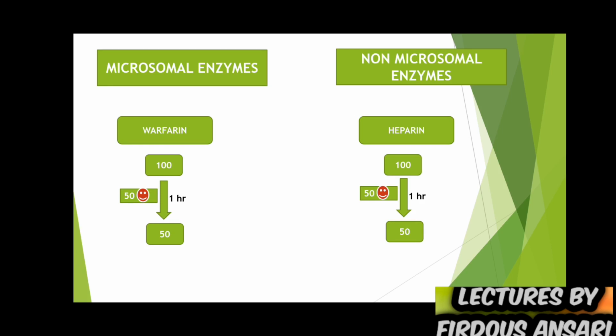So after every 1 hour, that person should consume 50 molecules so that 100 molecules come back, and those 100 molecules are required for producing a therapeutic action. If molecules are less than 100, there won't be any therapeutic action.